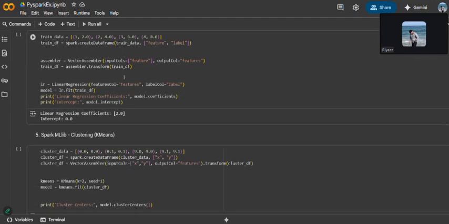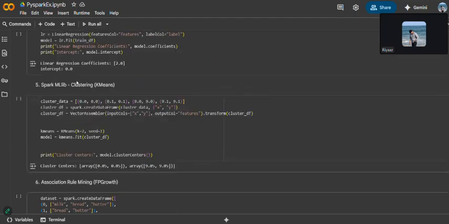So the linear regression coefficient is 2 and the intercept is 0.0. The data fits perfectly, where label equals 2 into feature. So the coefficient is 2 and the intercept is 0. If we substitute in the equation y equal to 2x, we get the value.